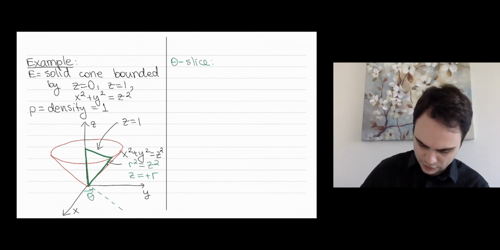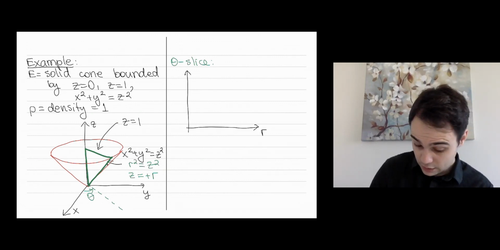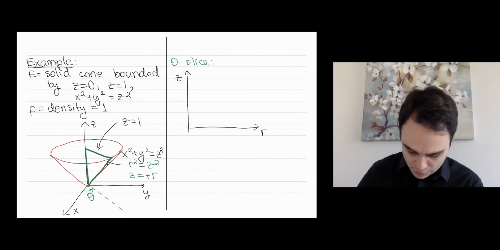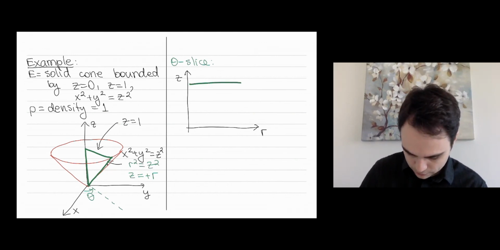In this case, I'm going to get this triangle, which looks like this. So this is r. Theta is fixed, and here z goes up. So in the rz plane, where this slice lives, I get a triangle that looks like this.